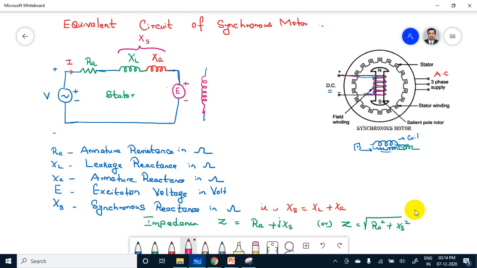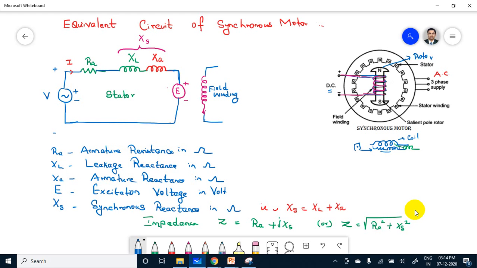This winding structure. Okay, so I mark it in this color, pink color. Then you can mention this is field winding. Where it is connected, this structure is nothing but, sorry, this structure is the rotor, right?